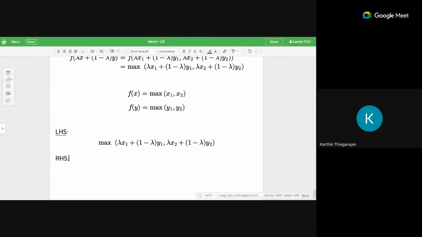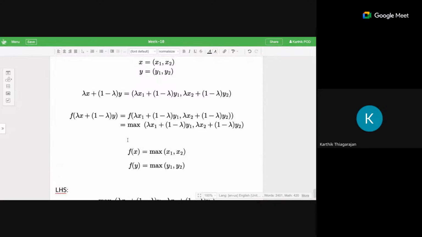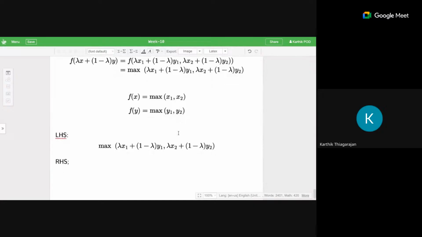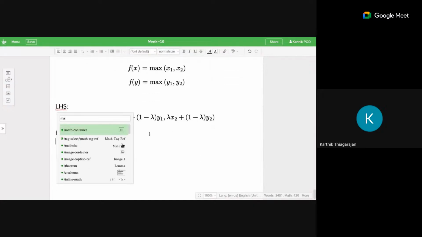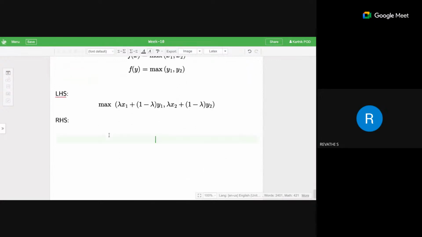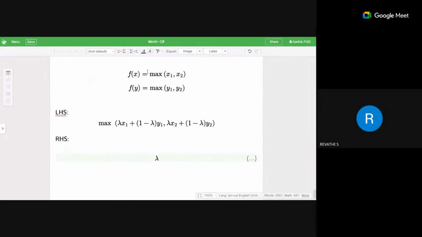The right hand side is what? Lambda times maximum of x1, x2. Yeah, exactly. Is this plus 1 minus lambda into maximum of y1, y2. Okay. All right.